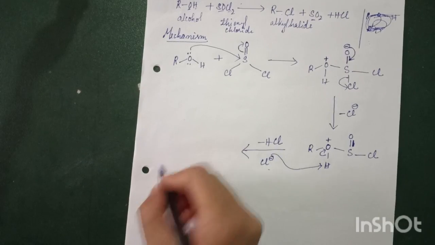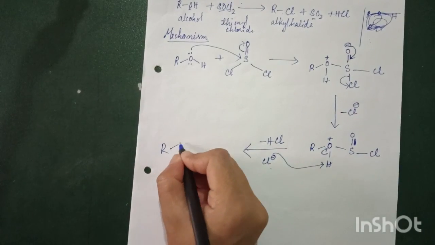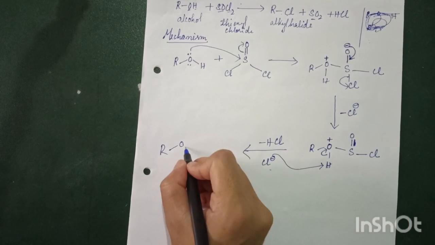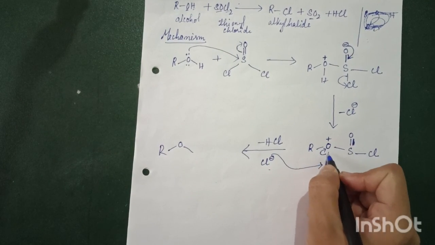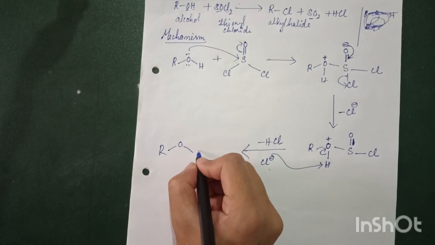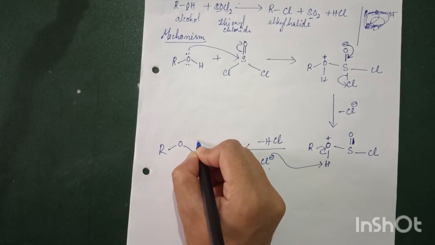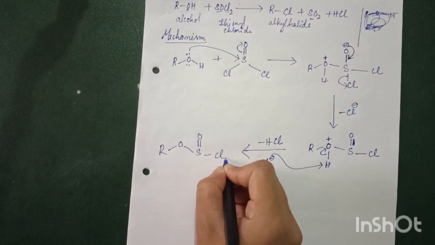Now let us write the structure. R, oxygen is still there, hydrogen has been removed, and the positive charge has been neutralized because the bonded electrons have shifted onto the oxygen. Now sulfur, still with oxygen double bond, then Cl.